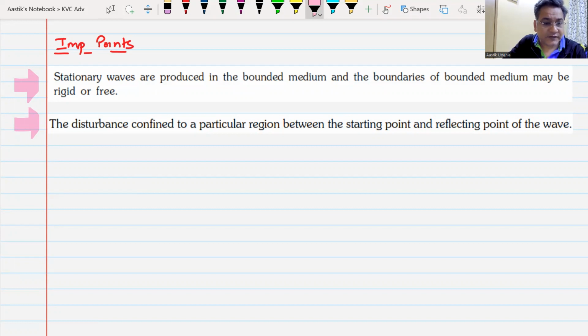Stationary waves are confined to a particular region. I hope everyone is noting it down.